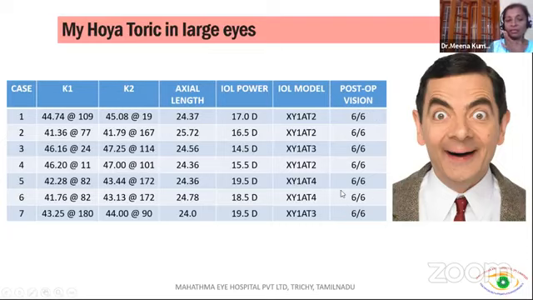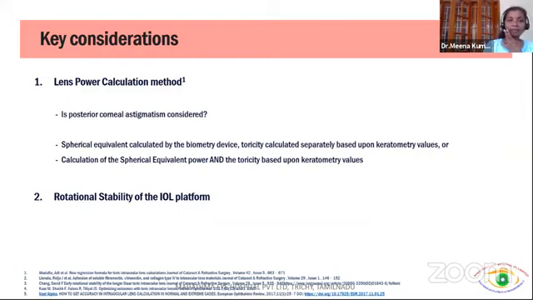And there was no rotation. I just used the guidance of the gratings in the slit lamp to measure the rotational stability. I understood there are better software to be more precise on that. And the posterior corneal astigmatism, the key consideration, is addressed and the rotational stability is addressed.